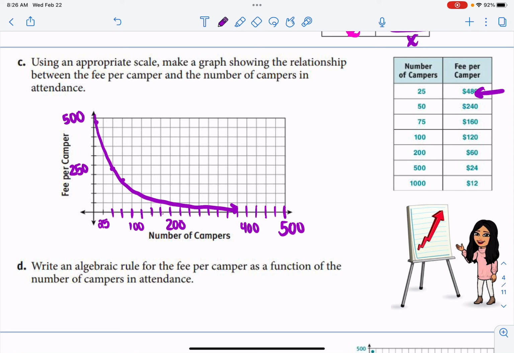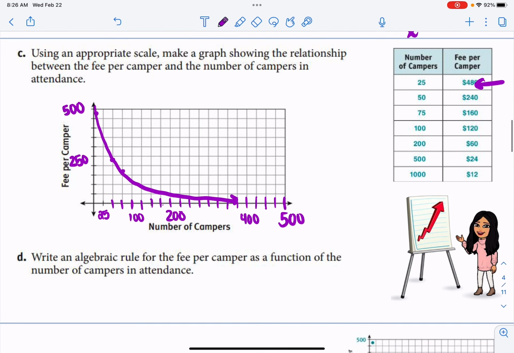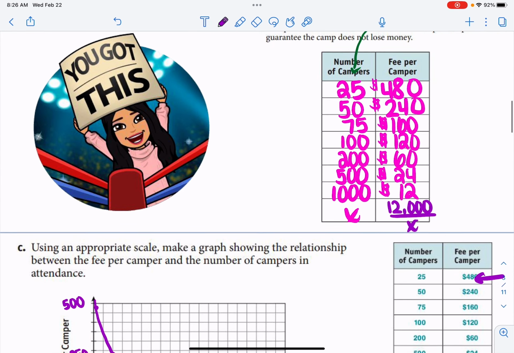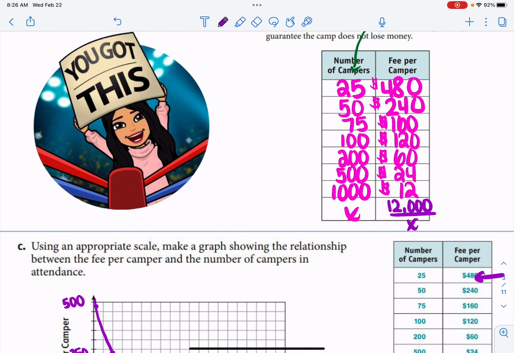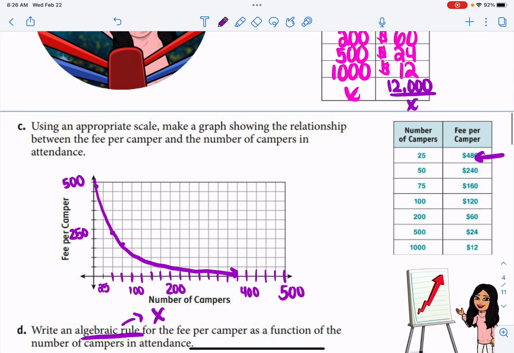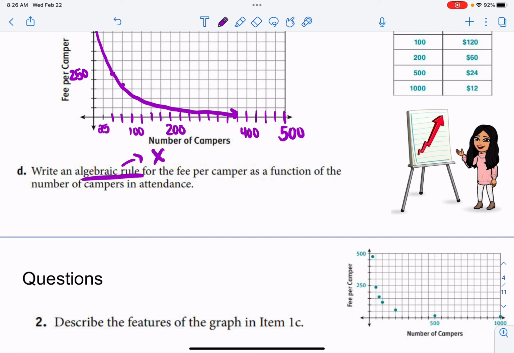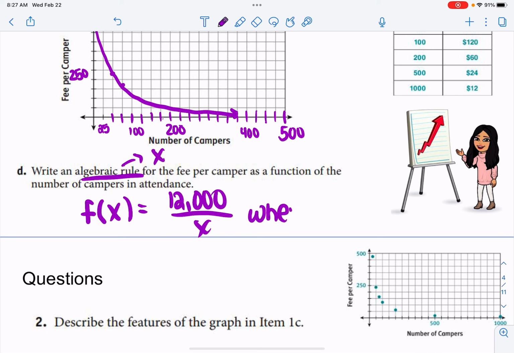So then part D says, write an algebraic rule for the fee per camper as a function of the number of campers. Well, an algebraic rule just involves X. Look what we wrote above. If we want to find the fee per camper, we're just going to do 12,000 divided by X. And so if I want to write that as an algebraic rule, I'll write f of X equals 12,000 divided by X, where X is the number of campers.